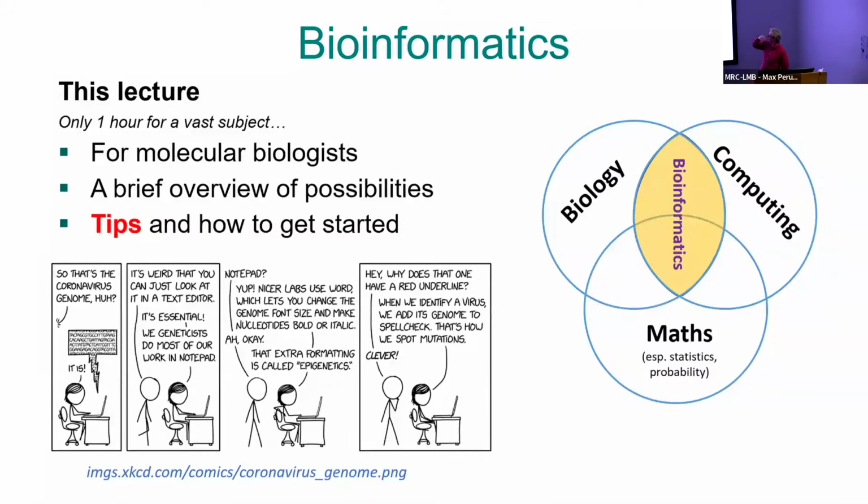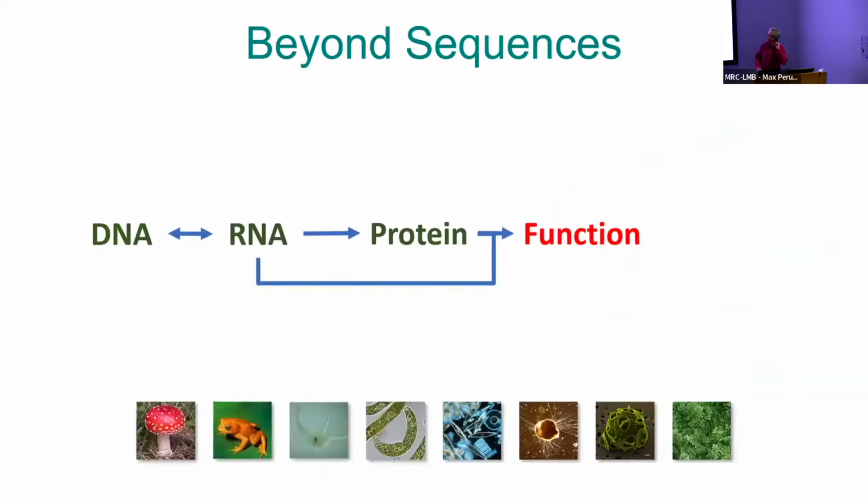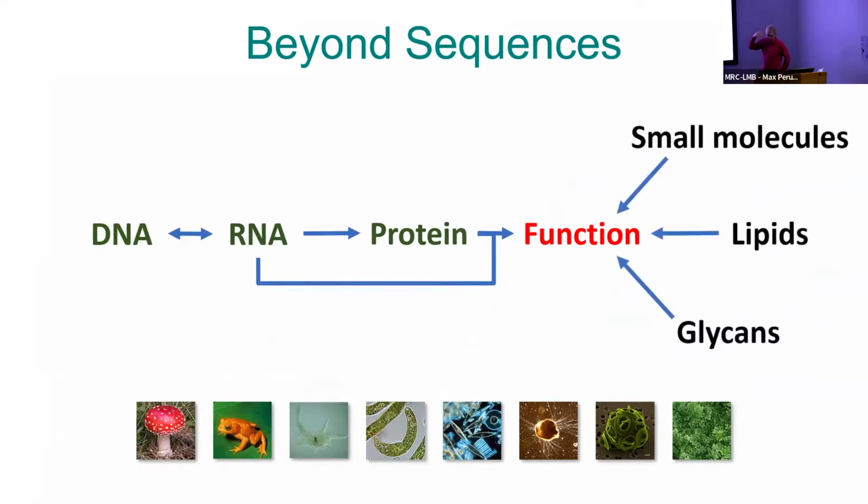We take the wider view of bioinformatics as being this broad intersection between computing and biology, with some math sometimes, especially to do with statistics. Traditionally, bioinformatics, as people think of it, is just sequences. That's kind of how it started, of course. We only needed computers to deal with big things like DNA and protein sequences. But these days, it encompasses a wider array of organisms and a wider array of molecules.